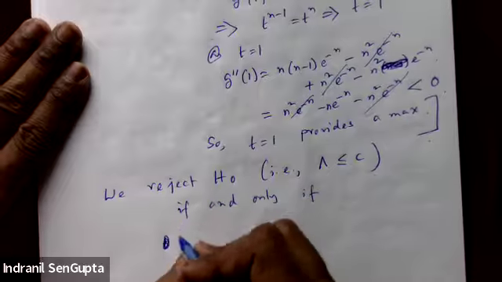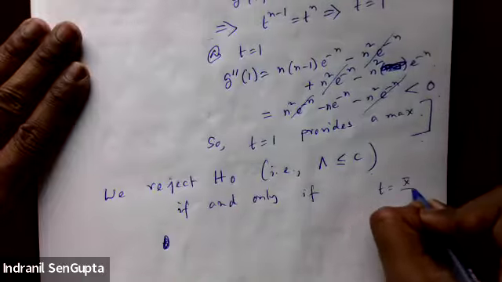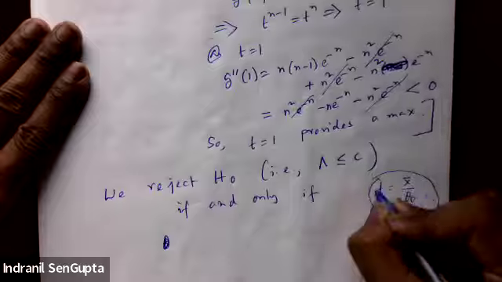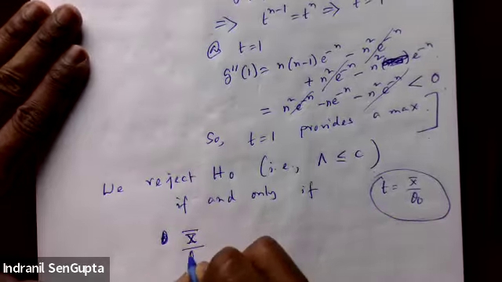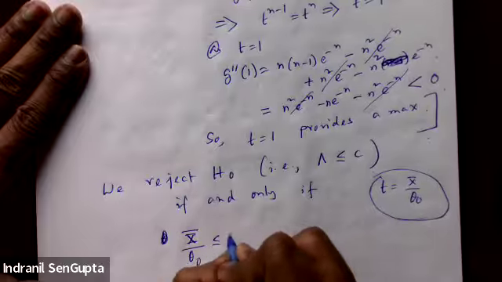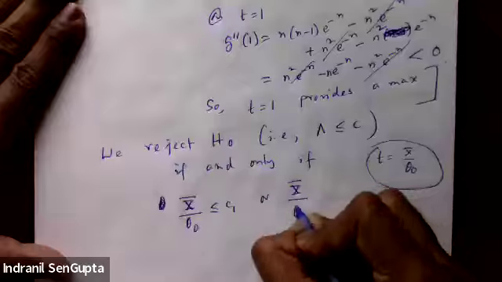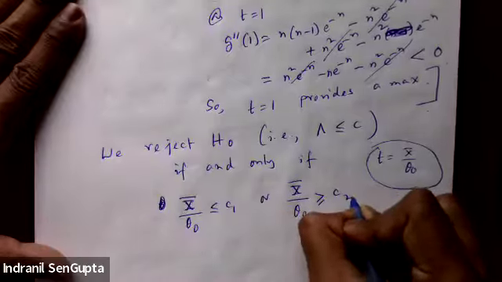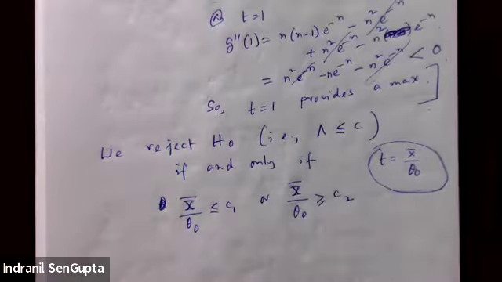Remember that t was constructed out of X bar over theta 0, right? So that means I need X bar over theta 0 is less than C1, or X bar over theta 0 is more than C2. So in that case, we will be rejecting the null hypothesis.